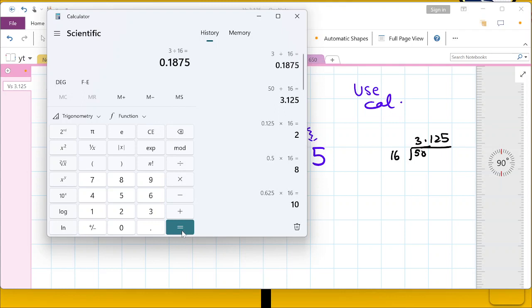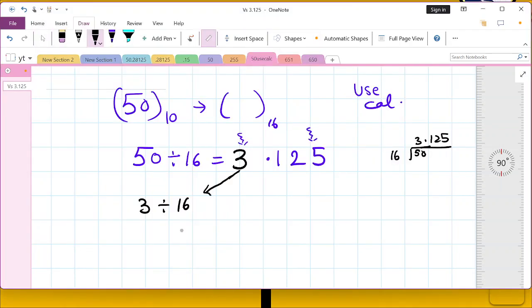We are getting the answer 0.1875. And now we have reached 0. Our integer quotient part has now become 0. So we will stop over here.